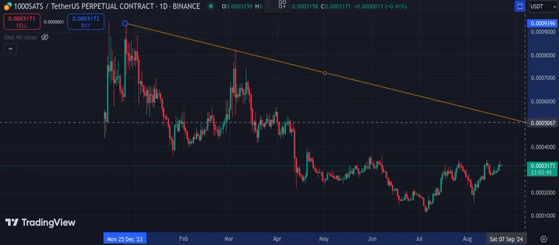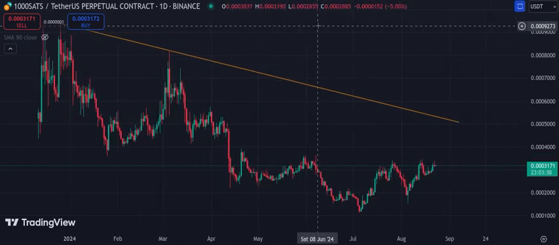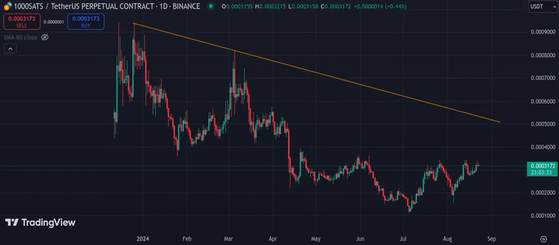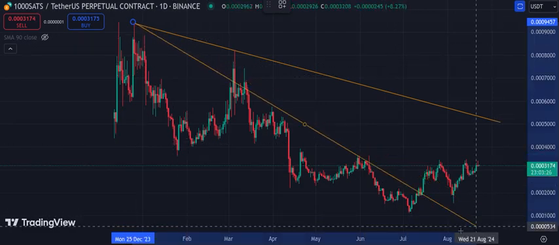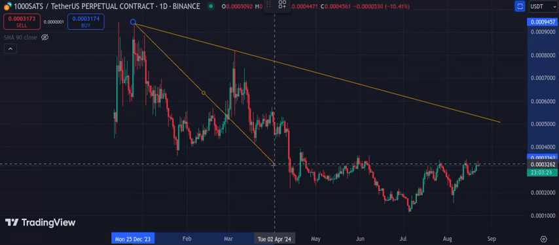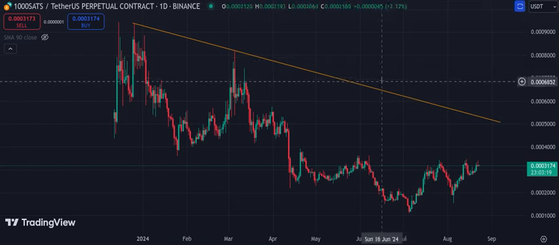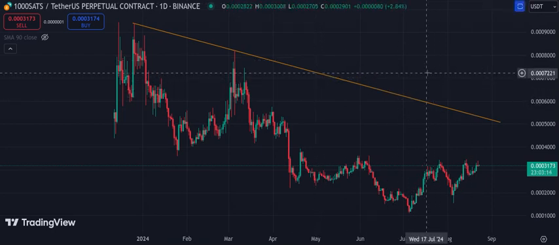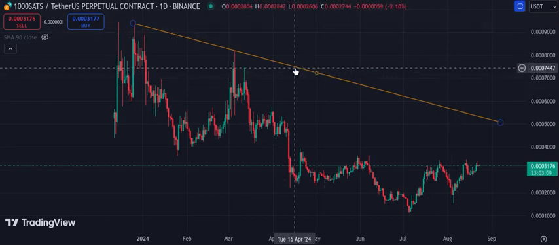Whichever trend line you want to pick, this one or this one or this, that is picking this next high, but probably this is not valid. So we'll be taking this one off. We'll be working with this.